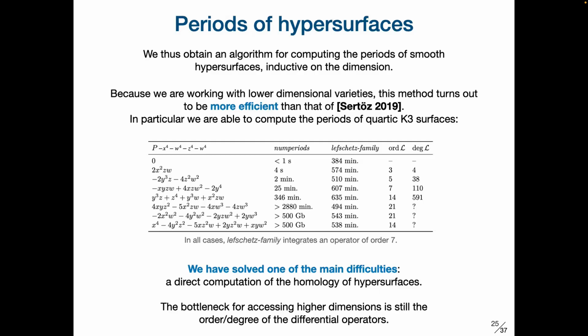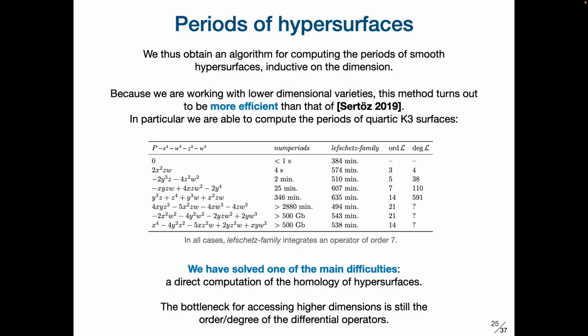But the bottleneck for accessing higher and higher dimensions and higher degrees is still going to be the degree of the differential operators. Because now if I wanted to instead compute the periods of some quartic threefold instead of surface, I would need to integrate the same operators that the algorithm of Lairez and Sertöz relies on for the periods of quartic surfaces. So we've just gained one step in the dimension.